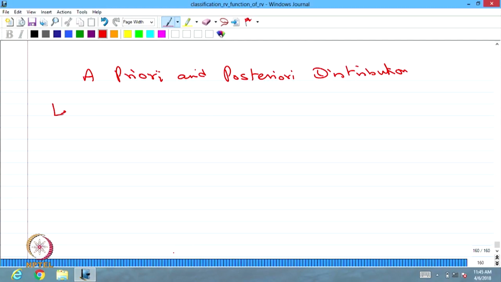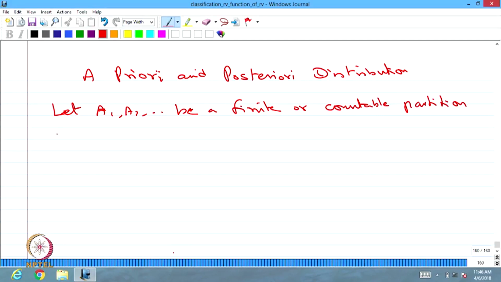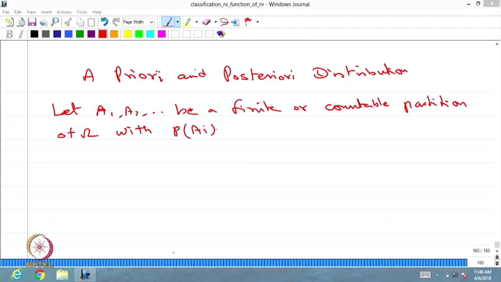What it says: let A1, A2 and so on be a finite or countable partition of omega, that means the intersection is empty and the union of the Ai's is the same as omega, with P of Ai greater than 0 for all i. It's basically a partition of omega.